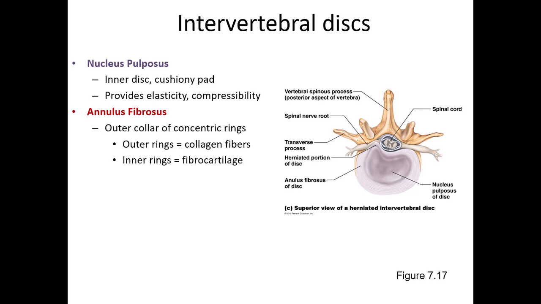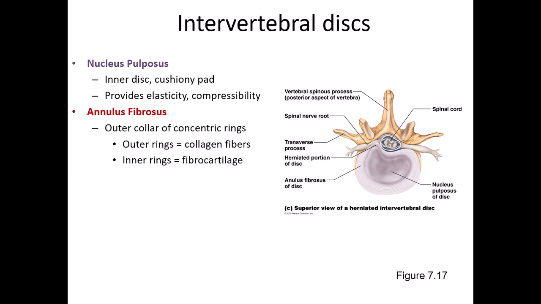Surrounding it is the annulus fibrosus. An annulus is like a ring. Fibrosus tells us it's fibrous. And so it contains both fibrocartilage and collagen fibers, so good structural components, as well as, remember, fibrocartilage good for absorbing compressive forces.